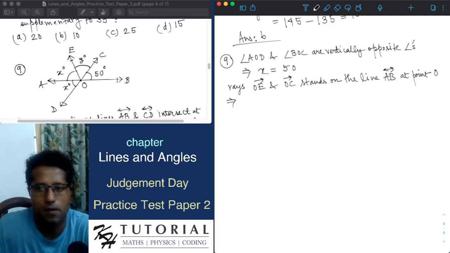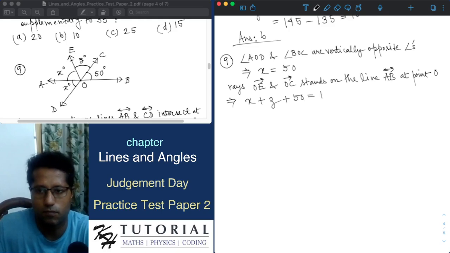So we must have x plus z plus 50 equals 180.